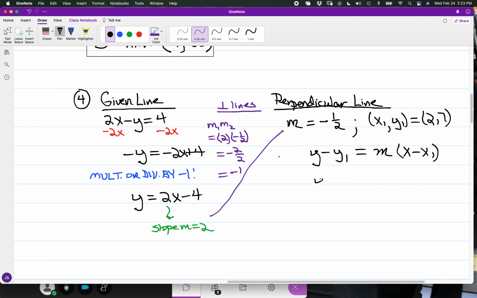So we're going to have y minus 7 equal to the slope m, which we have at negative 1/2, times the quantity of x minus 2. And with distributing negative 1/2 over the quantity of x minus 2, we have negative 1/2 of x and negative 1/2 of negative 2, that is going to be a positive 1.